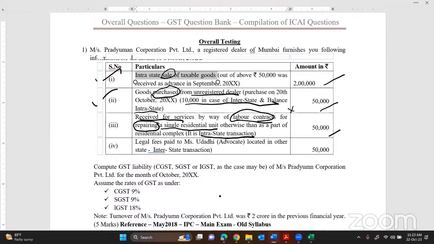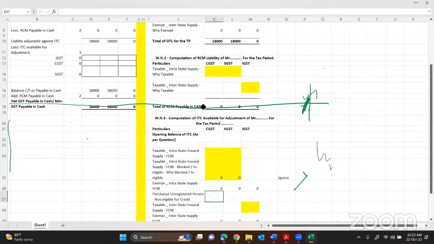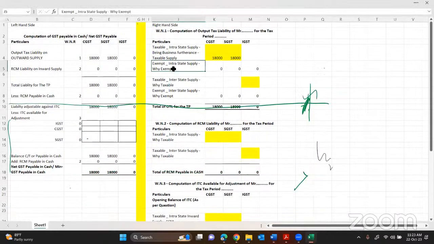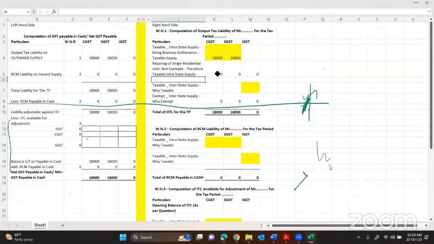So you need to write the explanation, and you should say in outward supply, repairing of single residential unit, not exempt, therefore taxable, intrastate supply. 50,000 is the figure amount, I understand.